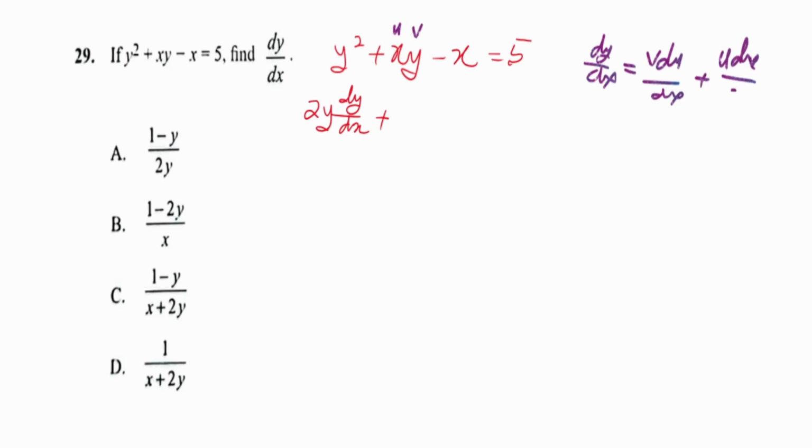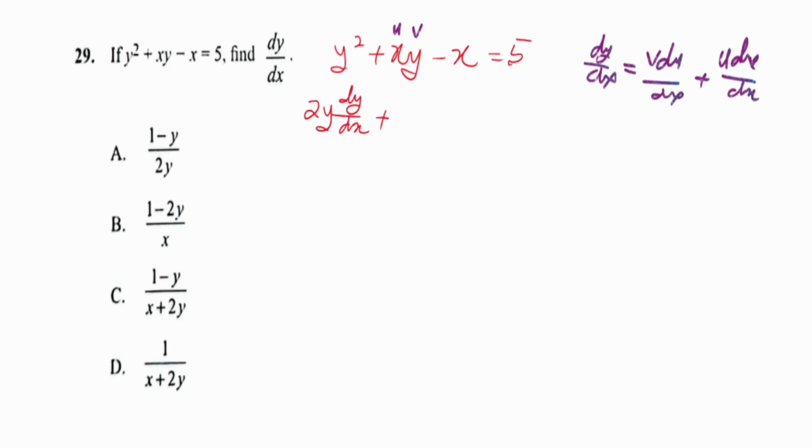Then again, some will still write the dx, meaning with respect to x. But the most important thing is that you keep the second one, which is v, and differentiate u. After that, you keep the first one, which is u, and differentiate v, all with respect to x. But some still write the u dv first, because addition obviously is commutative, so it doesn't matter which one you bring first. So that is what I'm going to do right now.